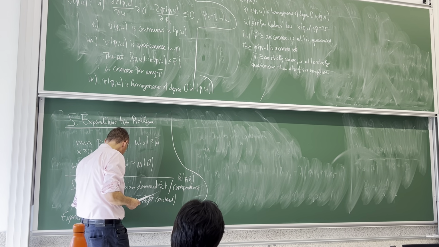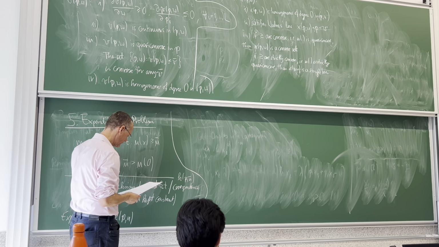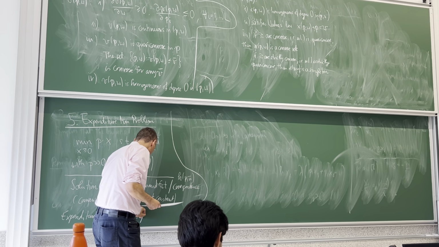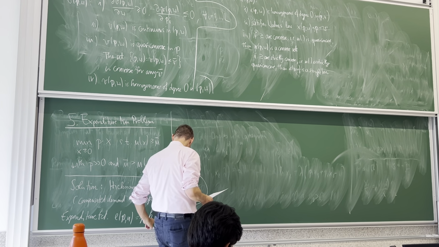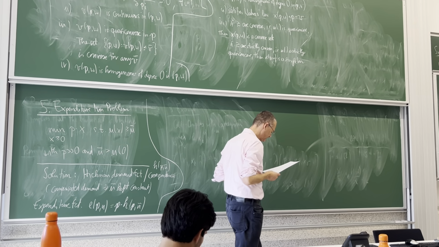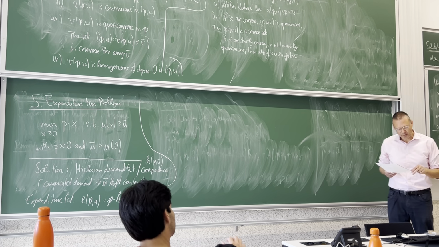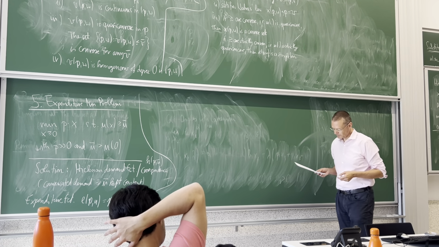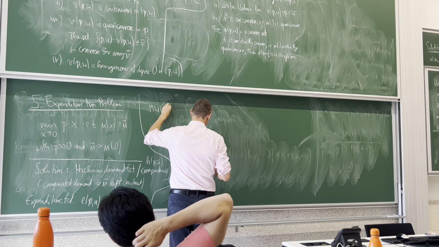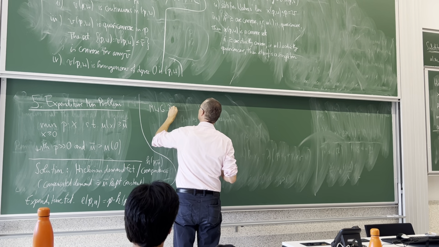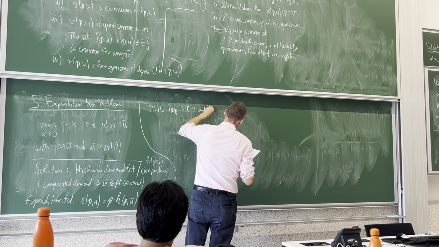The expenditure function e(p,ū) is plugging these Hicksian demands back into the budget constraint, so p times h(p,ū). You can see the properties of this again in Mas-Colell, Whinston and Green, MWG, propositions 3.E.2 and 3.E.3.